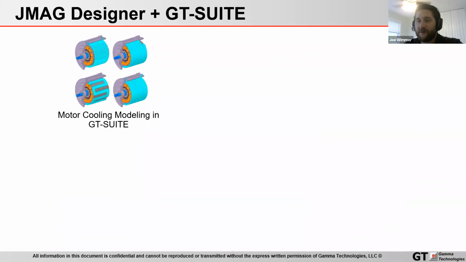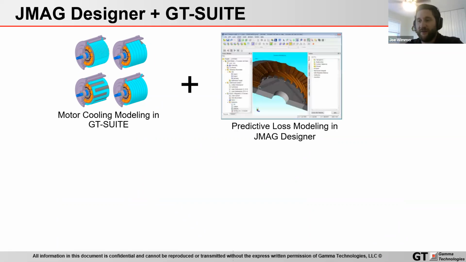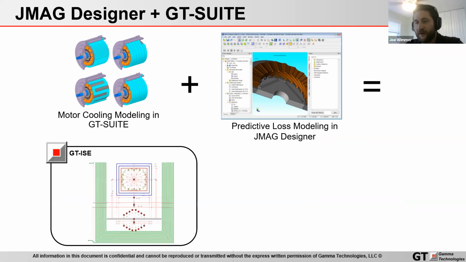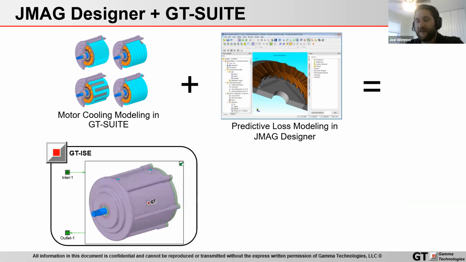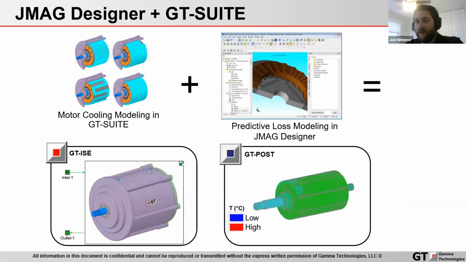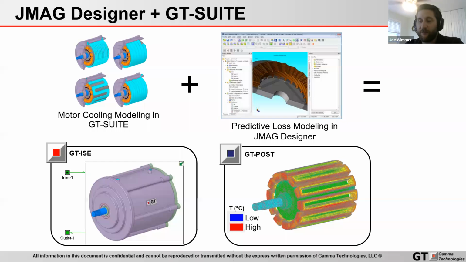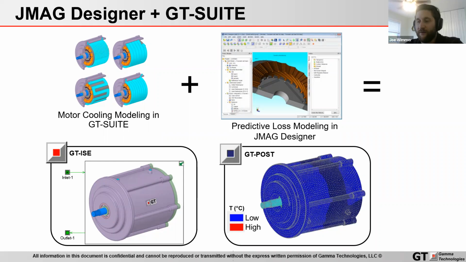And so what this might look like is the ability to actually analyze some of these different cooling strategies within the stator that could be modeled within GT, coupling that with predictive losses in JMAG Designer. And of course, being able to put that together within GT, and then being able to run models and actually analyze the temperature distribution between the stator, maybe the coils, and the overall entire motor.